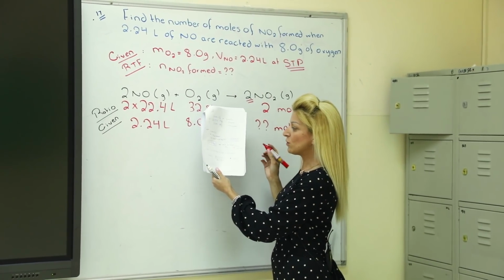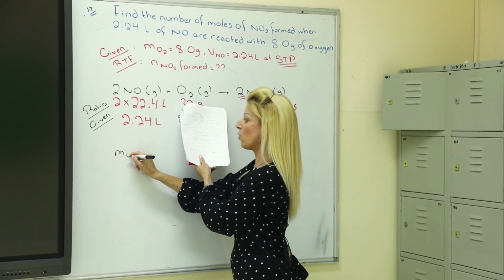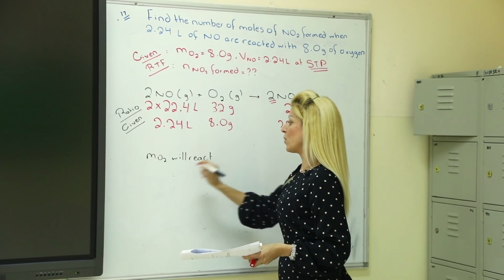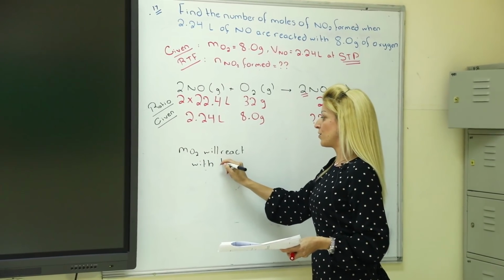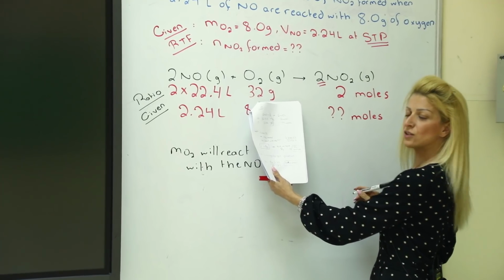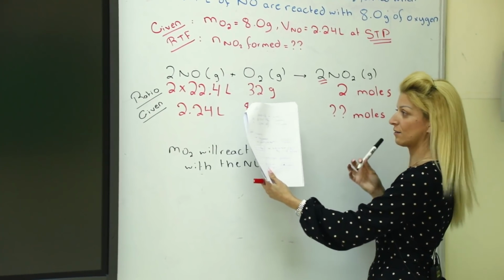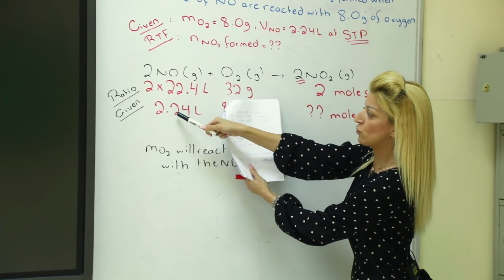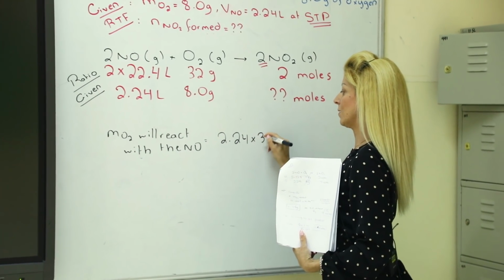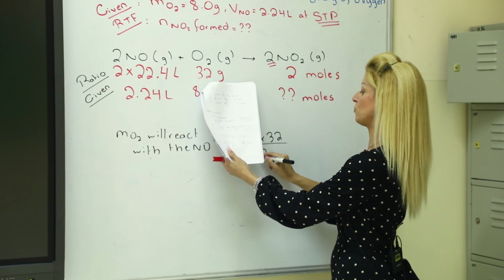So what we will do now is we will solve for that mass. So the mass of O2 that will react with the NO given is, so we'll assume the 8 grams is not there, and we'll solve to see how much is actually going to react, equals 2.24 times 32 divided by 2 times 22.4.